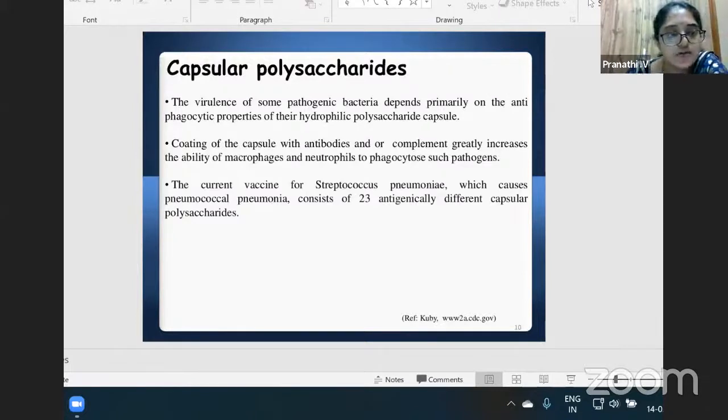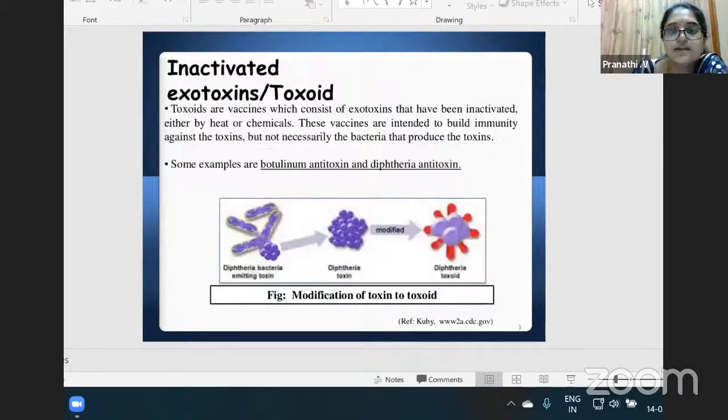You also have the toxoid vaccines. In the case of toxoids, the toxin itself is very harmful, and only the toxins themselves are causing the harm. So that is taken to create immunity against the particular pathogen.